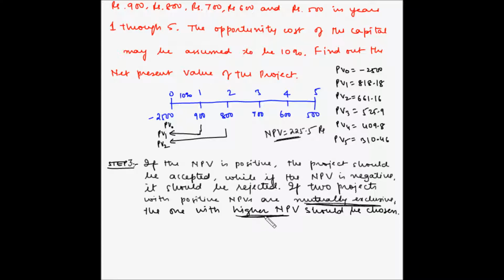Because the one with the higher NPV has more profitability than the other project. So in our case, we have a positive NPV. So if the criterion for choosing this project is that it should have a positive NPV, then this project should be accepted and it should go through.